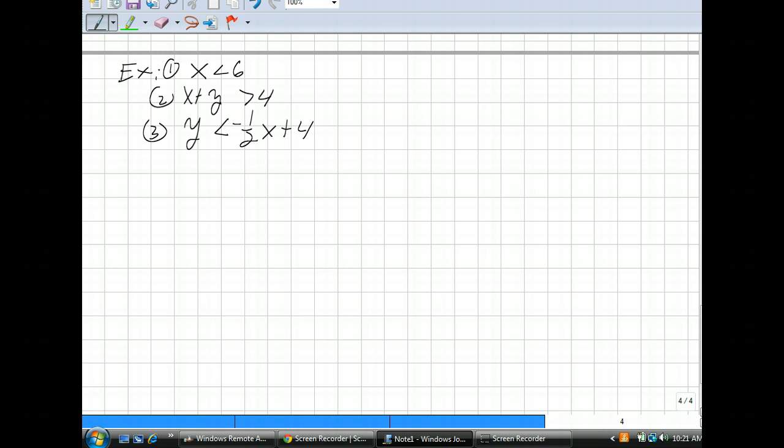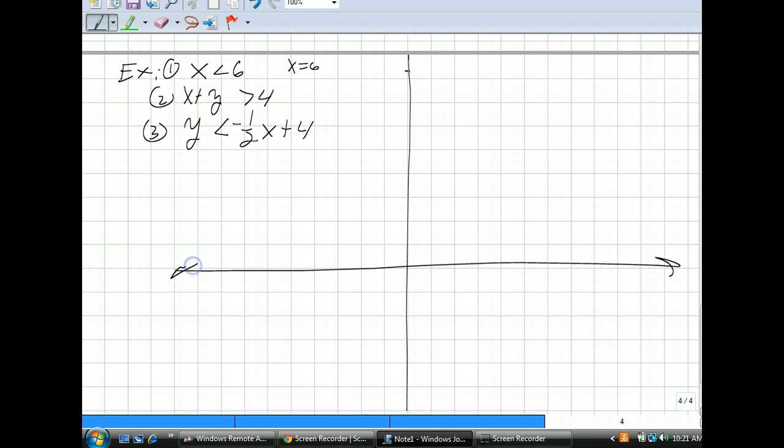Okay? So to graph inequality 1, I'm going to think x equals 6. So x equals 6 is a vertical line that goes through the x-axis at 6. So 1, 2, 3, 4, 5, 6.